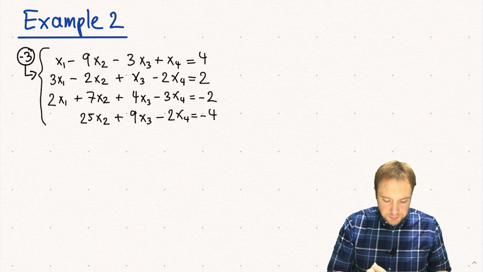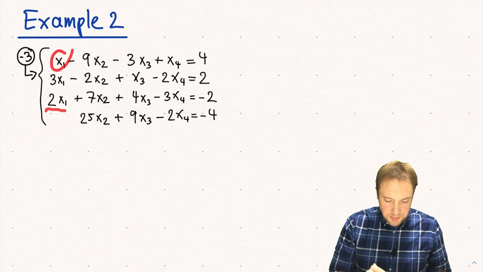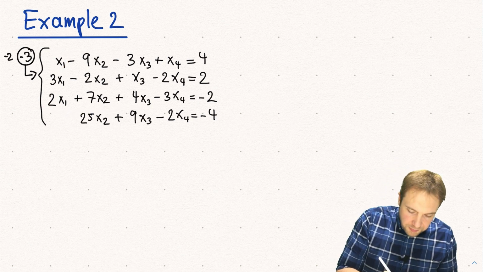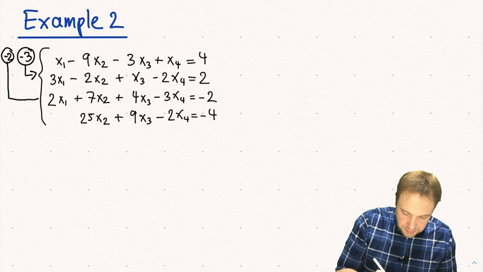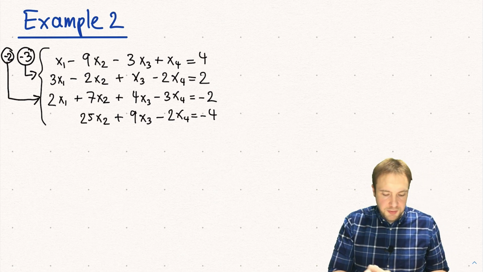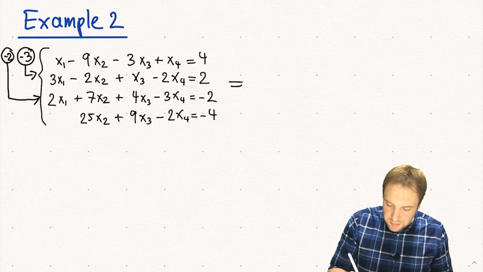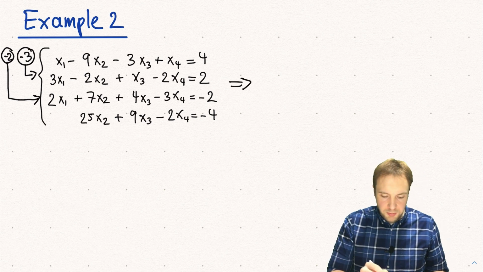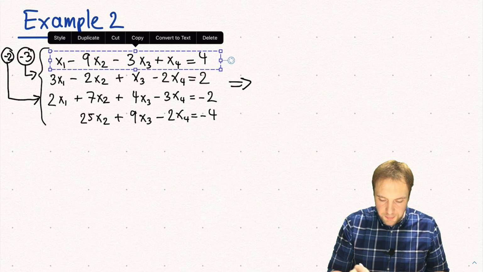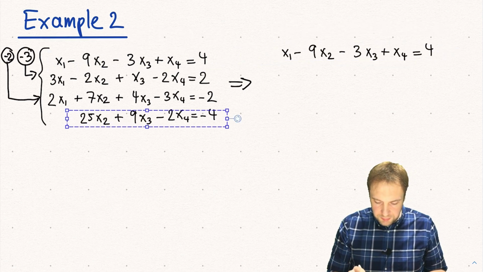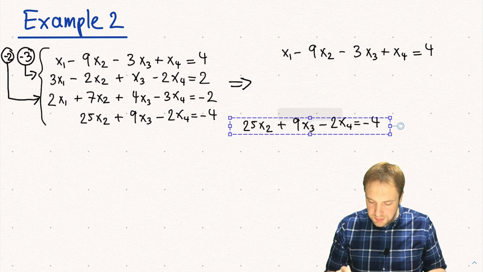And for the second one, we need to take it 2 times and subtract it from there. So we take it minus 2 times, and this indicates that we do 2 steps at once, and what we get is the following. First of all, the first equation is the same, and also the last equation, because we didn't touch it.